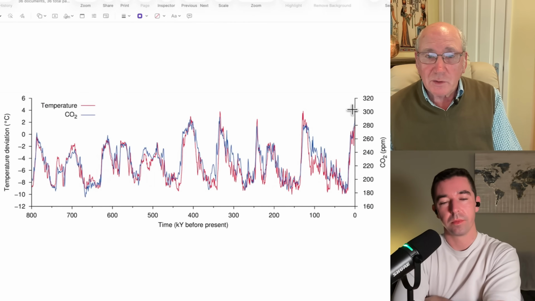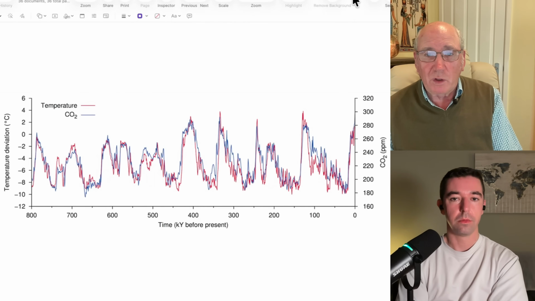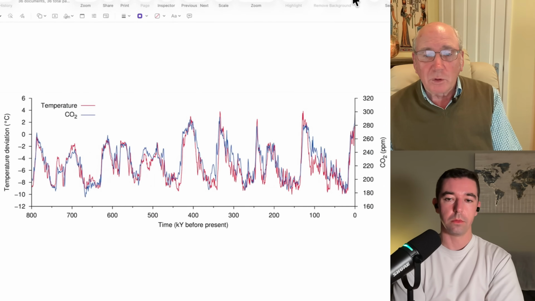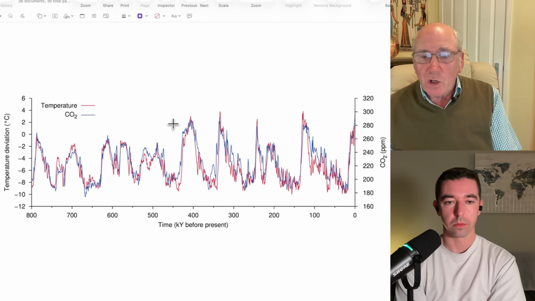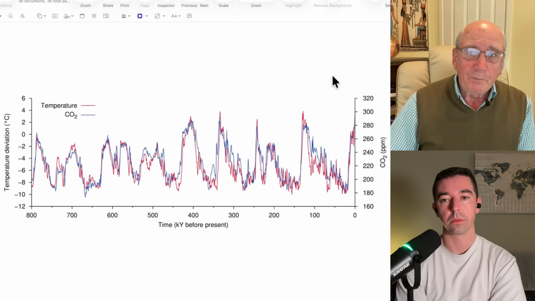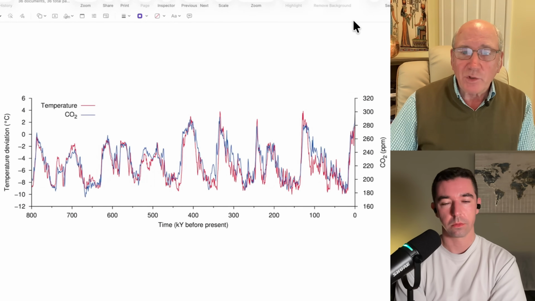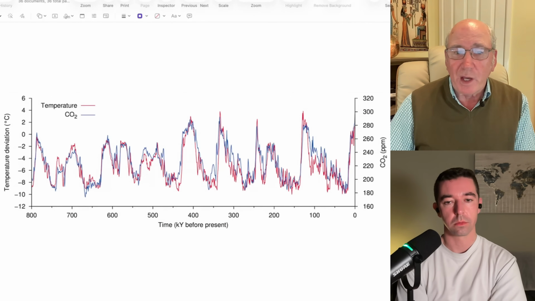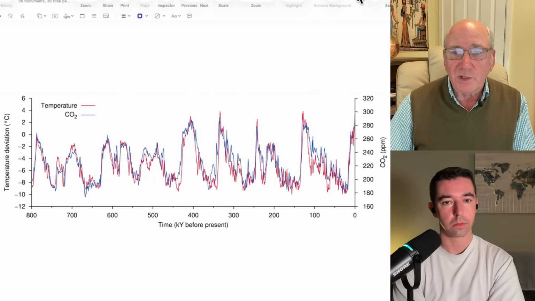All of the ice sheets have gone. The Laurentide ice sheet, the European ice sheet, they've all gone. And so there's no more changes to the albedo. So we run out of puff, as it were. All of the interglacials have to stop at that point because there's no more ice to melt.